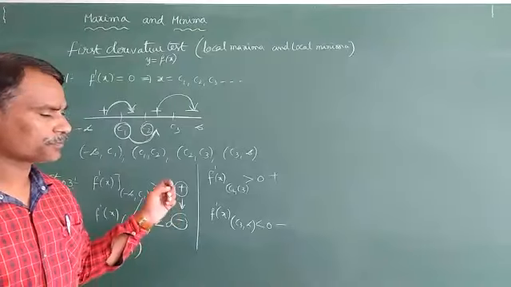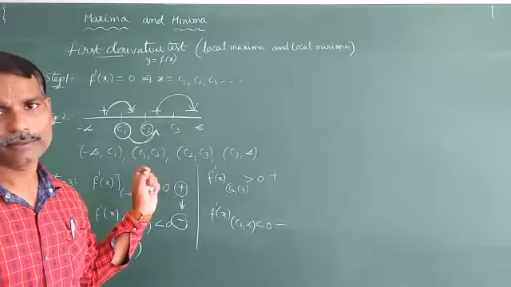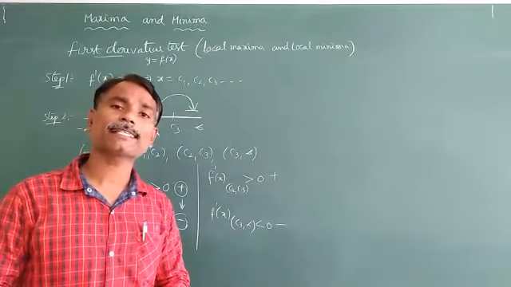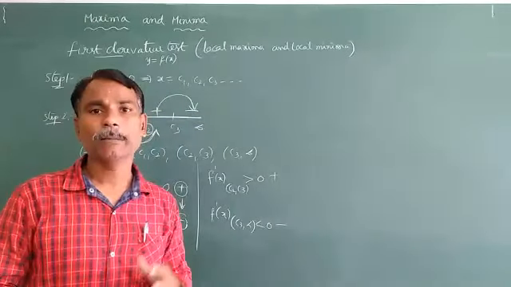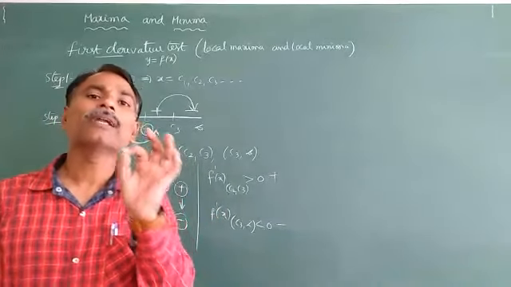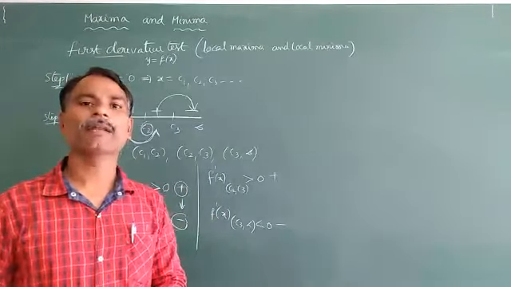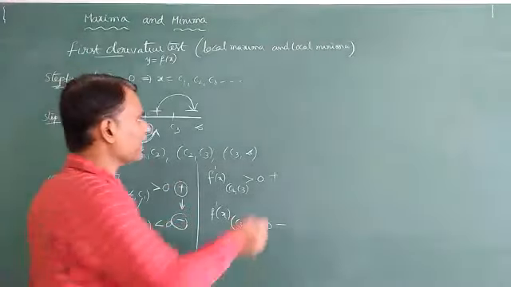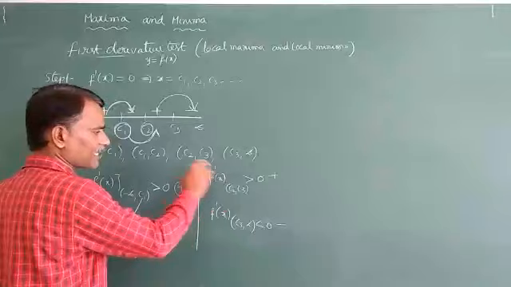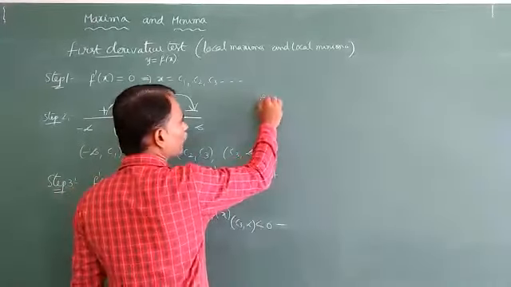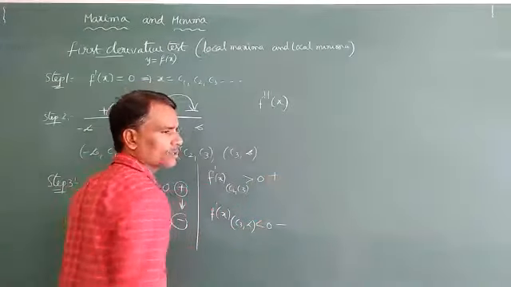So students, for finding maximum and minimum, we can take the double derivative test. Instead of checking the sign change as above, go for the double derivative of the function.